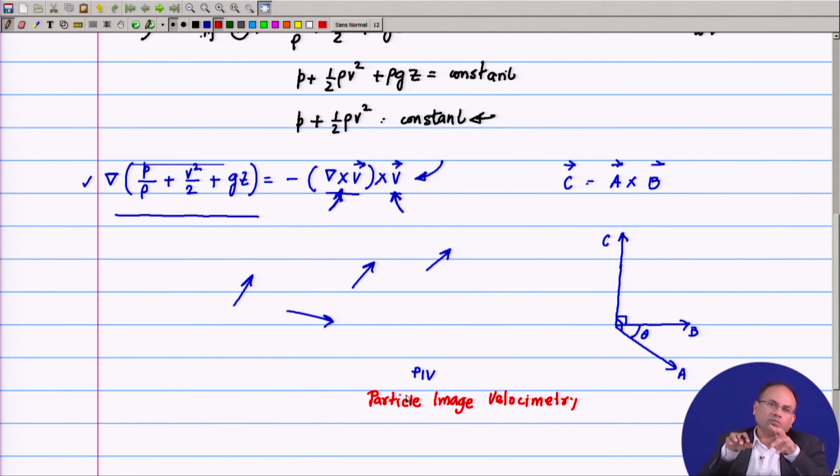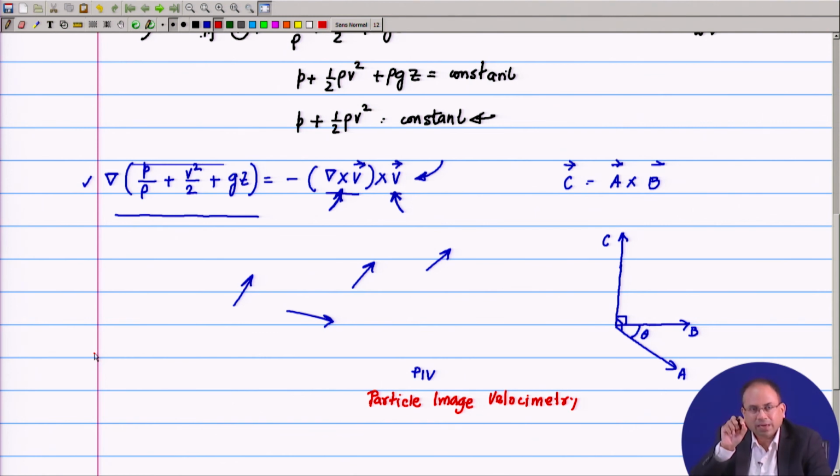It depends on if you are doing a reacting flow measurement of velocities at various points in a given instant of time. Of course, glass bubbles will not work, say some oxides of calcium or some other particles that are stable at high temperatures would be required. But nonetheless, the principle of PIV is, you seed a flow field with particles, then you shine a laser sheet, so your particles become visible, and then you take a picture.